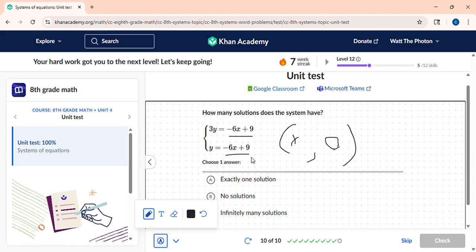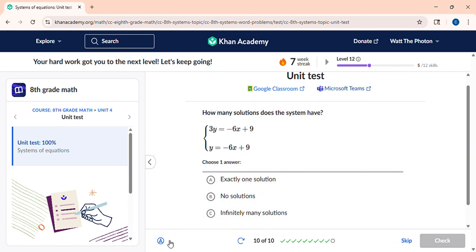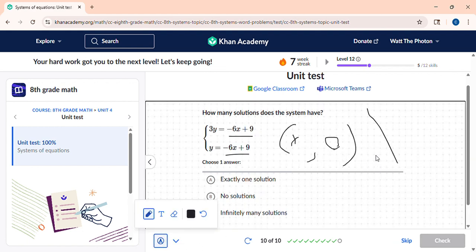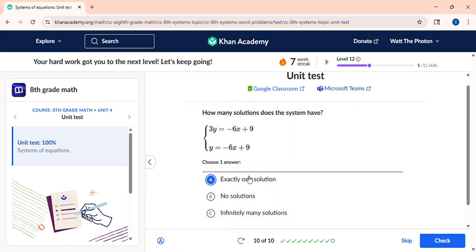So would this be parallel lines? They have different slopes, and one will have to be going this way while the other has to go this way, and you'll have only one solution. Oh, it's linear, so you're not going to have multiple places where y is equal to 0.